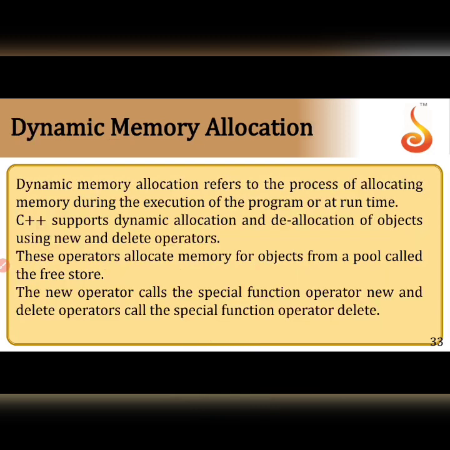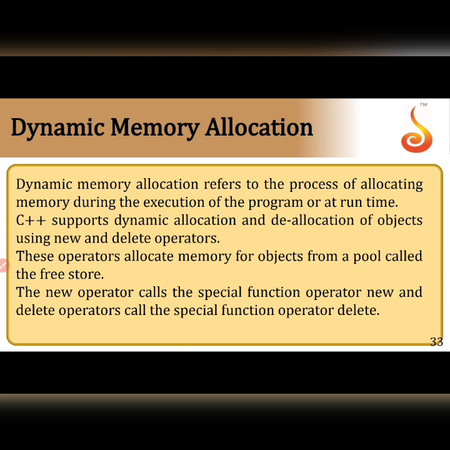Next is dynamic memory allocation. So what do you mean by dynamic? Dynamic is nothing but that which happens during the runtime of the program. That is, dynamic allocation refers to the process of allocating memory during the execution, or runtime, of a program. And how does C++ achieve it?